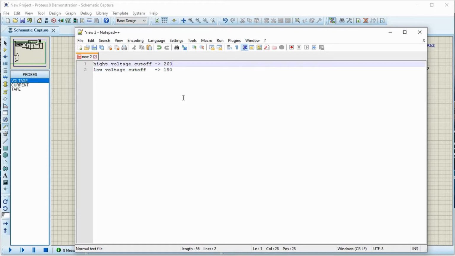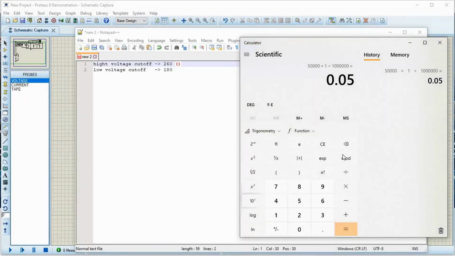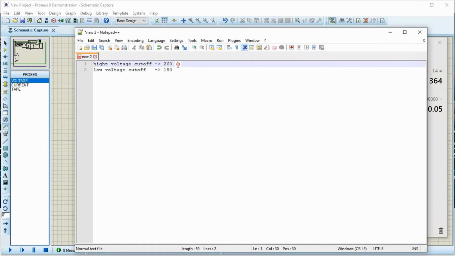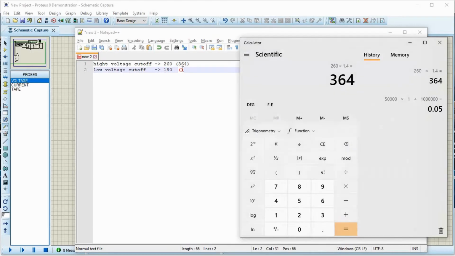So what is the sensing voltage at 260 volts? In the alternator I have to enter the peak voltage. It is 260 into 1.4, it is 364. For 180 I have to enter 252.